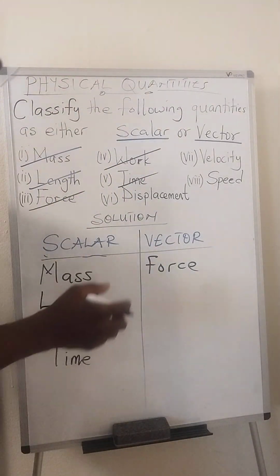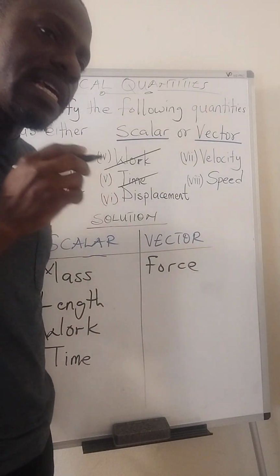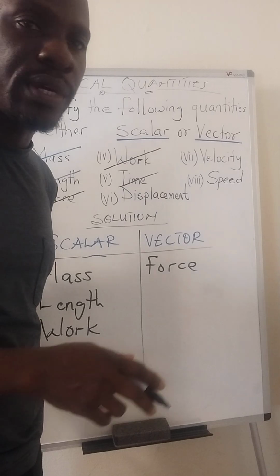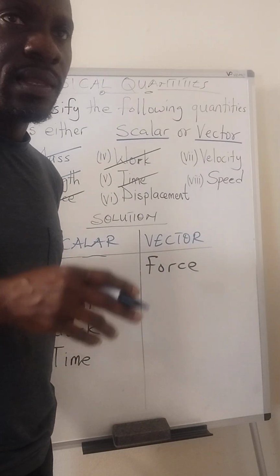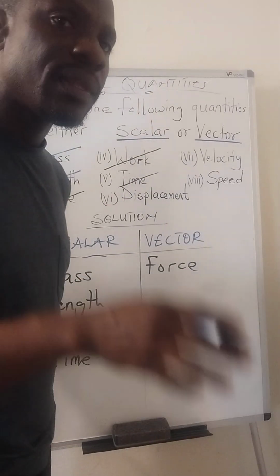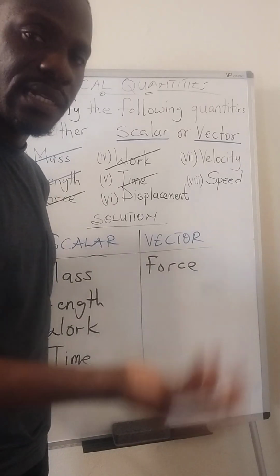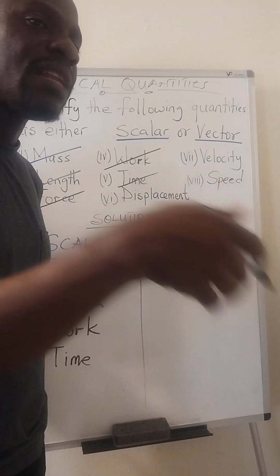Now displacement, which is a bit tricky. Displacement is the interval between 2 points in a specified direction. That is the definition. And so if you recall, I made reference to 10 meters.